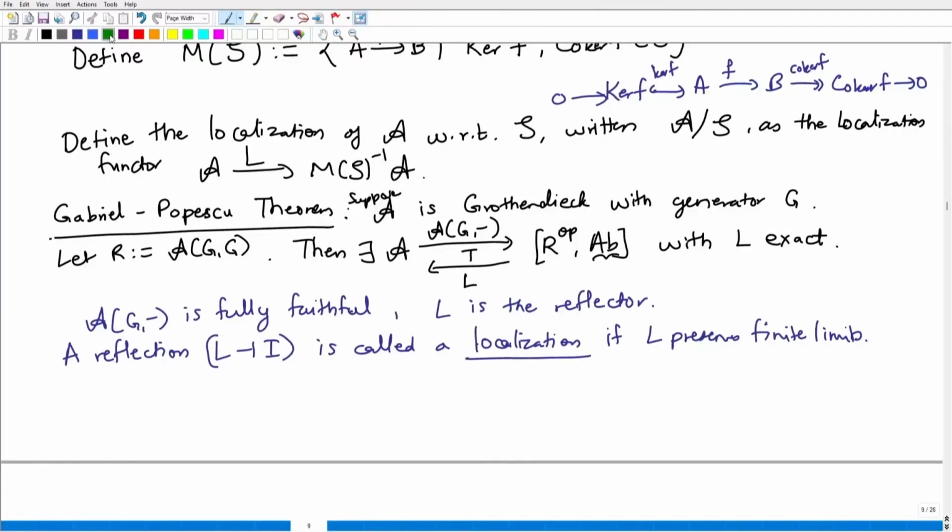An example: if you remember Cartesian or Lex functors from a small abelian category to Ab, these are additive functors.